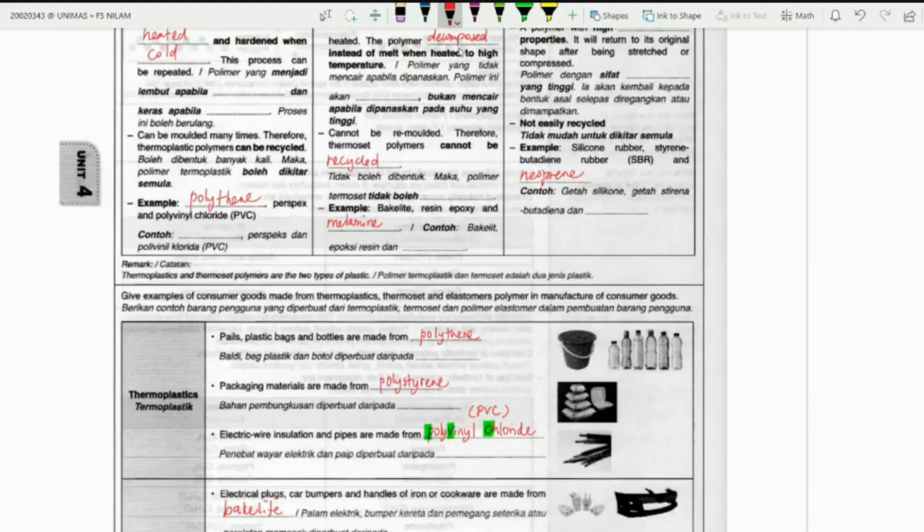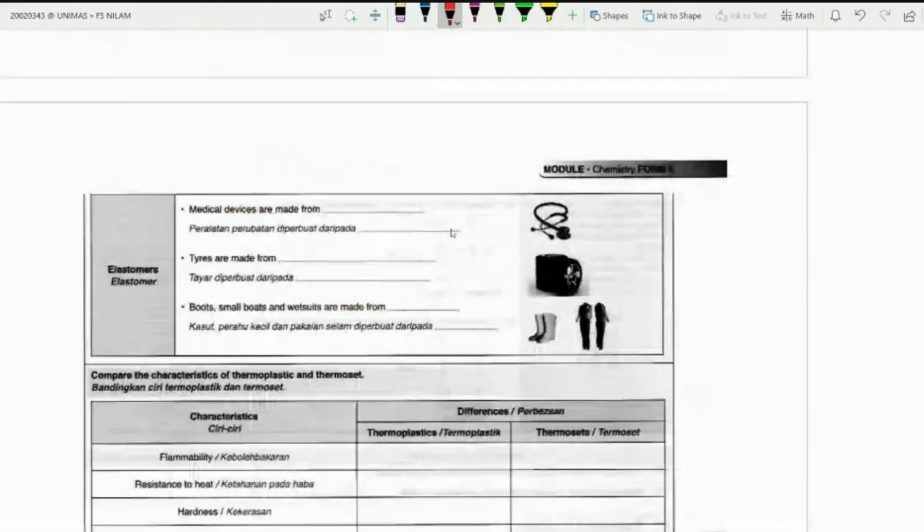Then how about elastomer? Medical devices are made from silicone rubber. Tires are made from what? That one is SBR, styrene butadiene rubber.